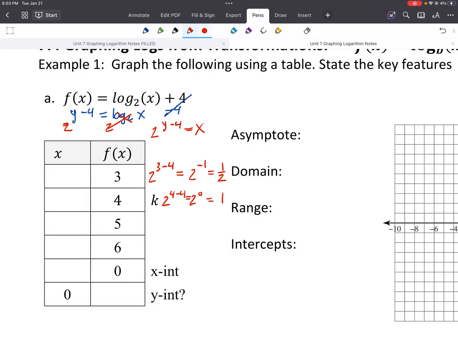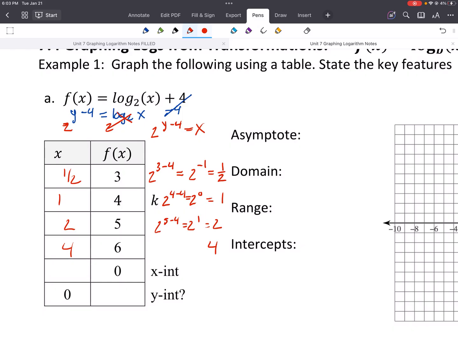You're still going to see the pattern that we had before, that this is like a doubling machine. So these answers, you're going to see the same sort of doubling, to some extent. I'll give you an example where it might be a little different. The next one, if we continue that pattern, would be 2 to the 5 minus 4, which is 2 to the 1, which is 2. So again, it doubled. The next one will end up being 4. So 1/2, 1, 2, 4.